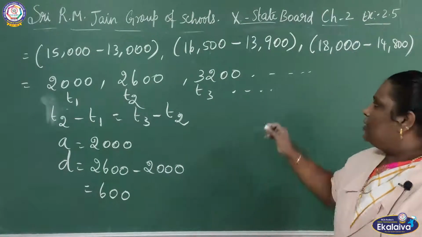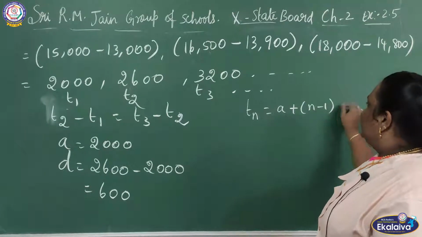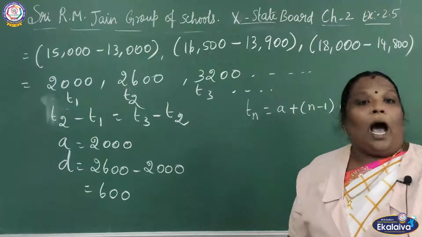So you should find out the number of years, nth year. See here, what is the formula? Tn equal to A plus n minus 1 into D. That is the amount.